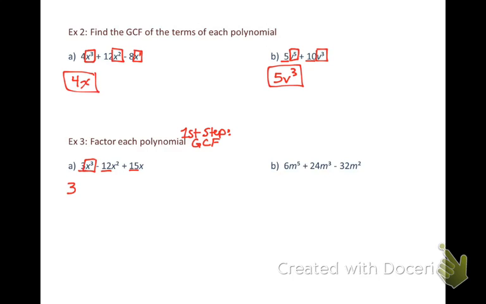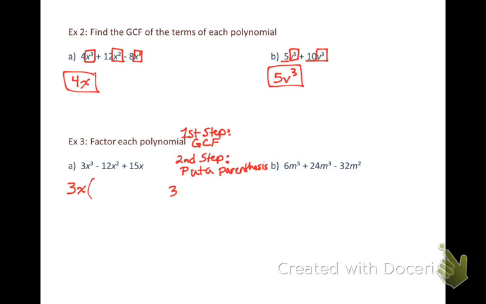And I noticed that there is an x on each one of the terms, so I'm going to use x. And my lowest exponent is just x to the first, so that's it. So the second step: put a parenthesis. It's really easy.